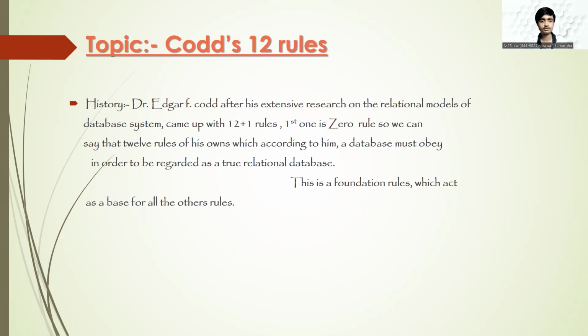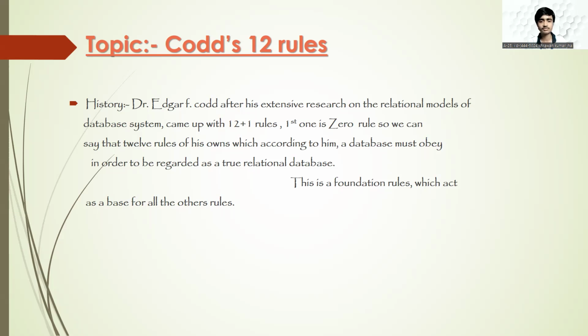Firstly, we have to know about the history of Codd's rules. You see here in my PPT, Dr. E. F. Codd, after his extensive research on the relational database system, came up with 12 plus 1 rules. 12 plus 1 rules means one rule is zero order and the 12 are the relational database rules.